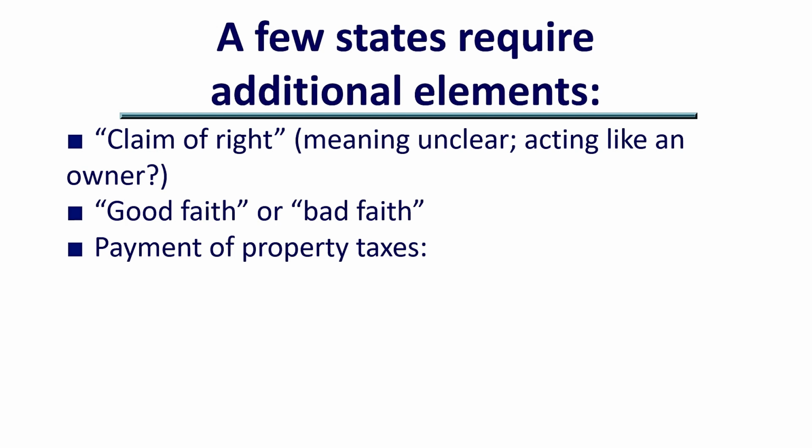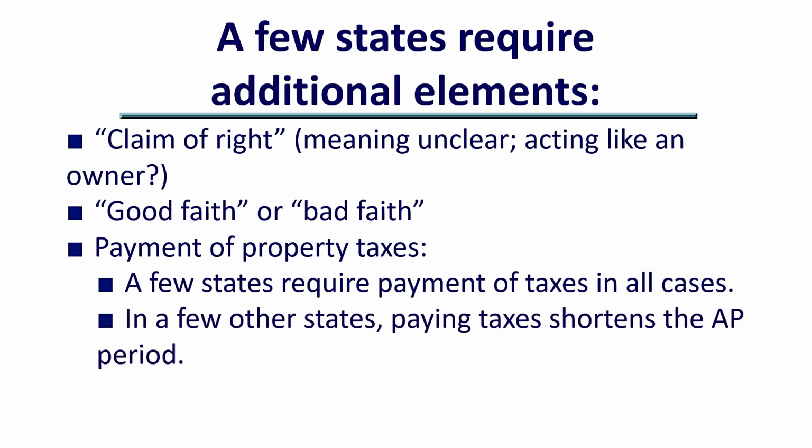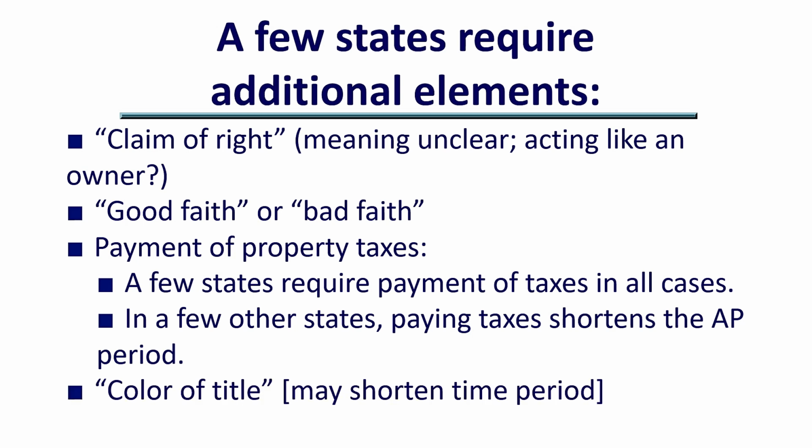Some states do require payment of property taxes in order to be a successful adverse possessor. A few states require payment of taxes in all cases, and a few more states say that if you pay the taxes, that shortens the adverse possession time period.